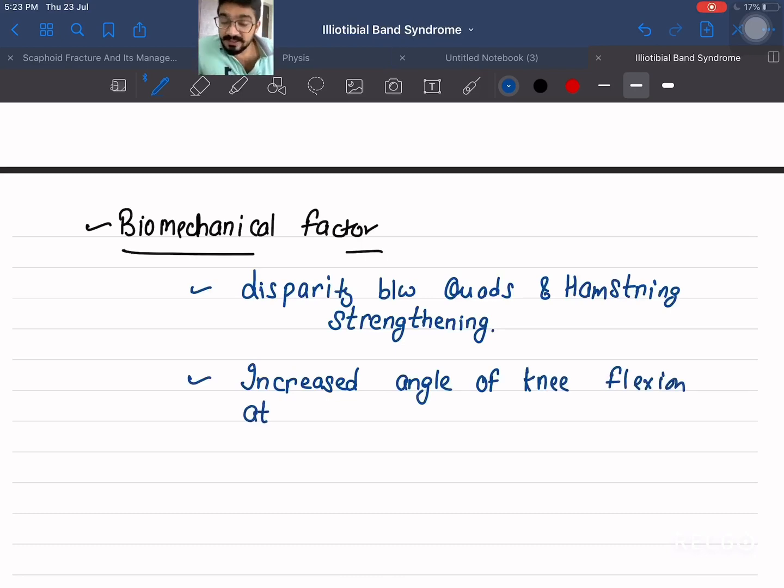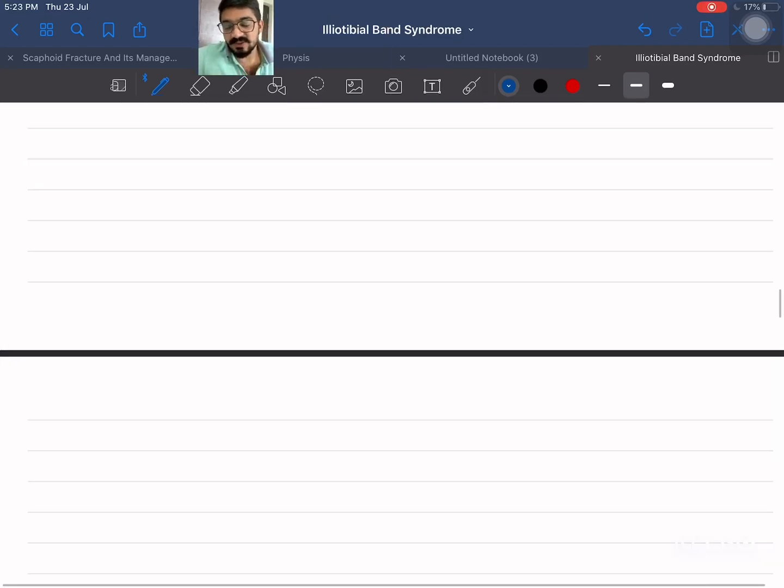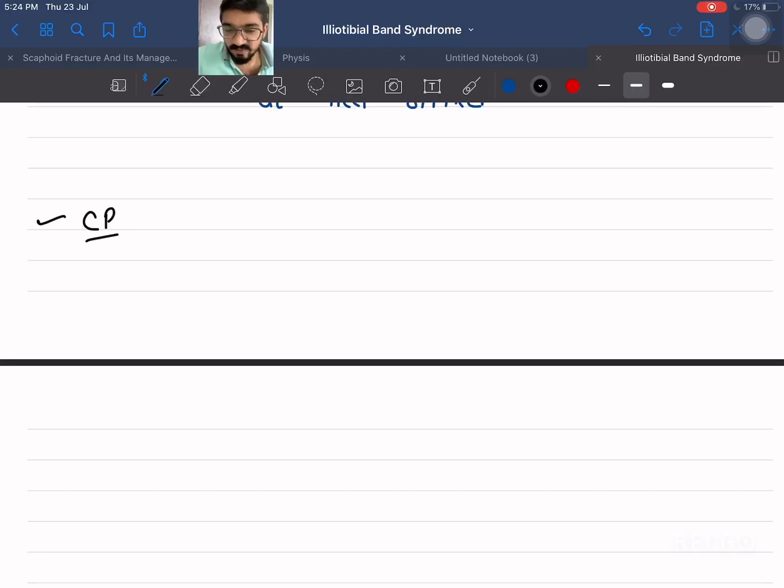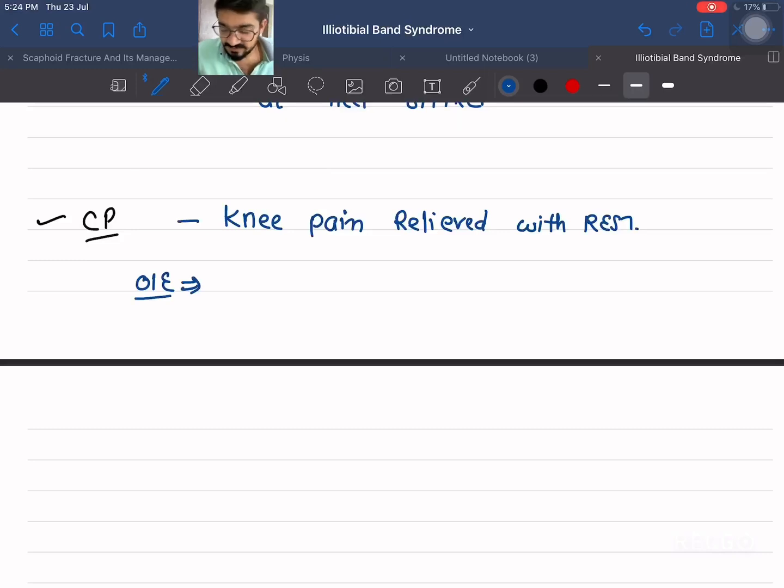Now, regarding the clinical picture and examination findings, these people present to us with knee pain, and that knee pain is actually relieved with rest, that we all know. Regarding the examination findings, we find that there is joint crepitus, swelling, and tenderness over the femoral condyle.